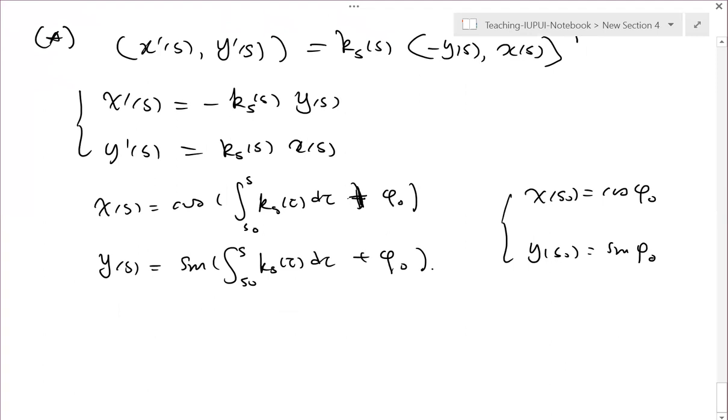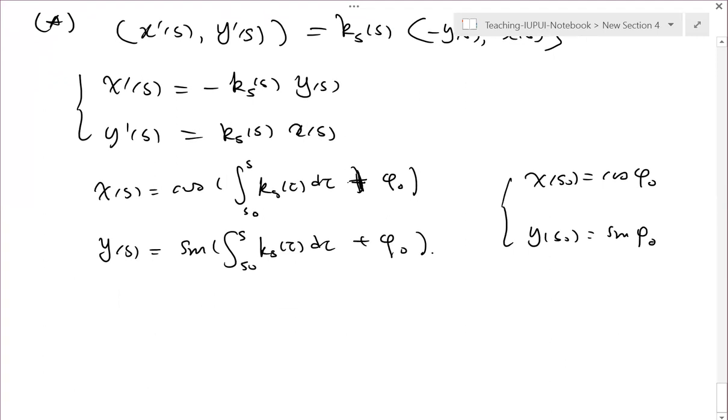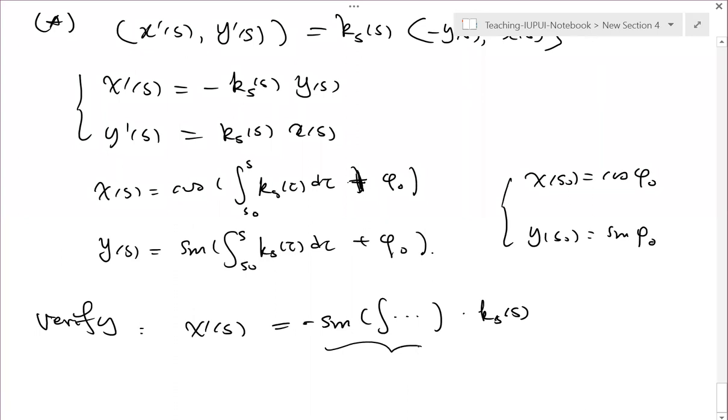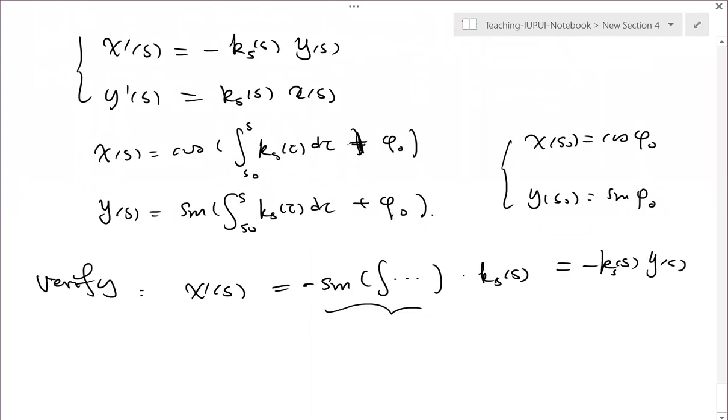You can check when you verify that x prime s is going to be, the cosine becomes negative sine, and times the derivative inside, which is just k s. This part is y, so it's negative k s y s.